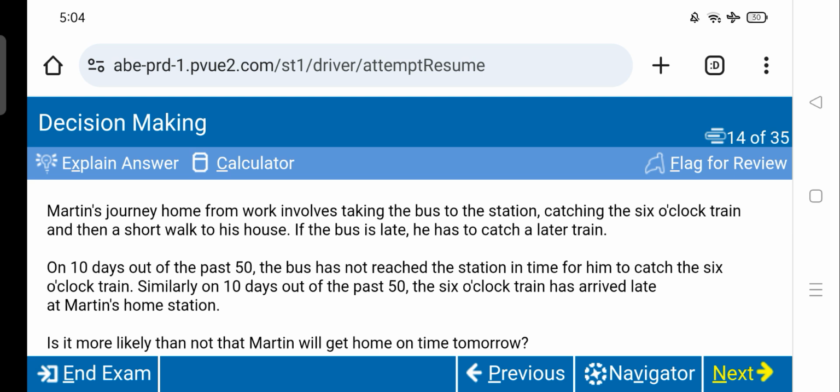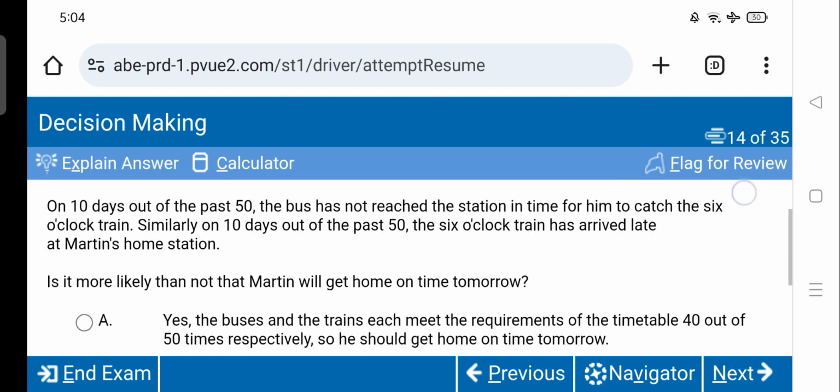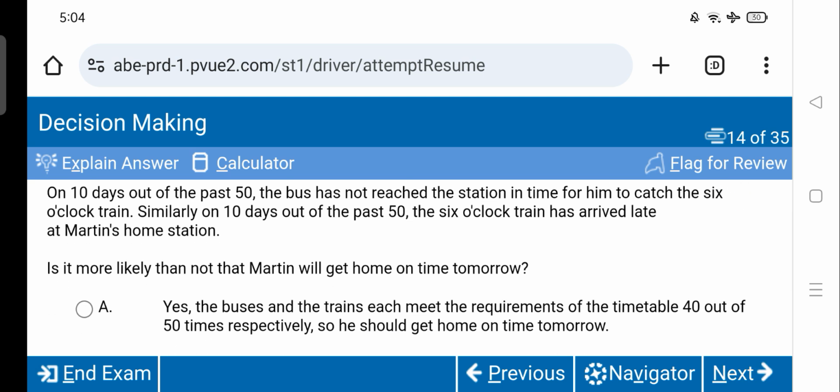Similarly, on 10 days out of the past 50, the 6 o'clock train has arrived late at Martin's home station. Is it more likely than not that Martin will get home on time tomorrow?